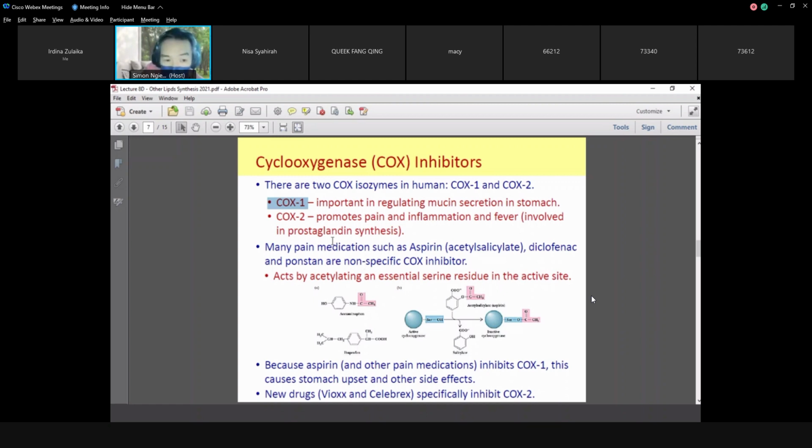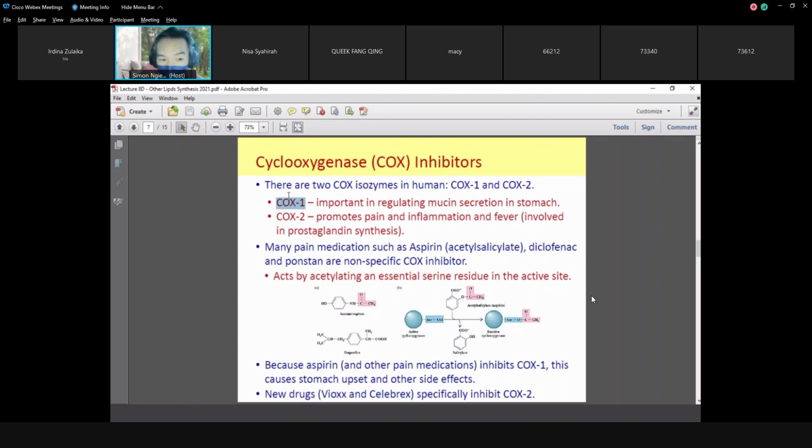So in addition to acting on this, of course, when you take painkiller, it helps you to reduce the pain. But at the same time, some people will have some stomach discomfort, a twisting feeling and so on. This is because some of these will actually stop the action of this as well.